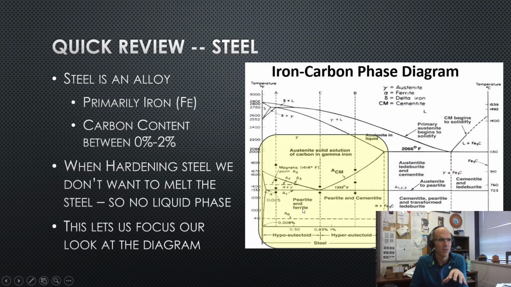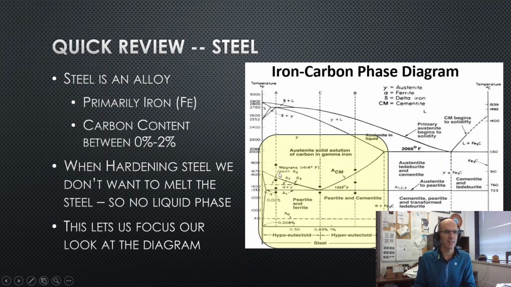Even once you're a few degrees below 723, nothing really changes. So this region in here is all just normal room temperature stuff. And when you start getting up above here and you start getting into the liquid range, well, we're no longer hardening our steel or heating our steel. We're casting it, and then we've got to come back and do heat treatment anyway.